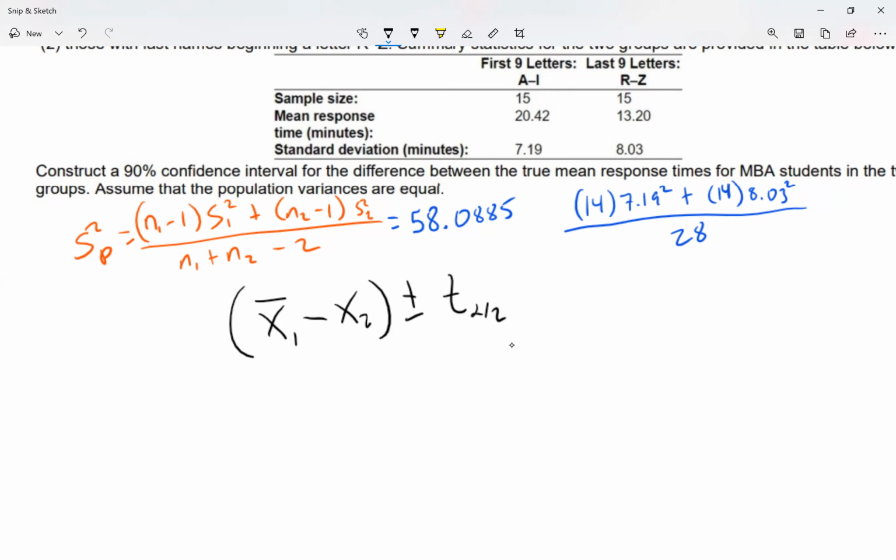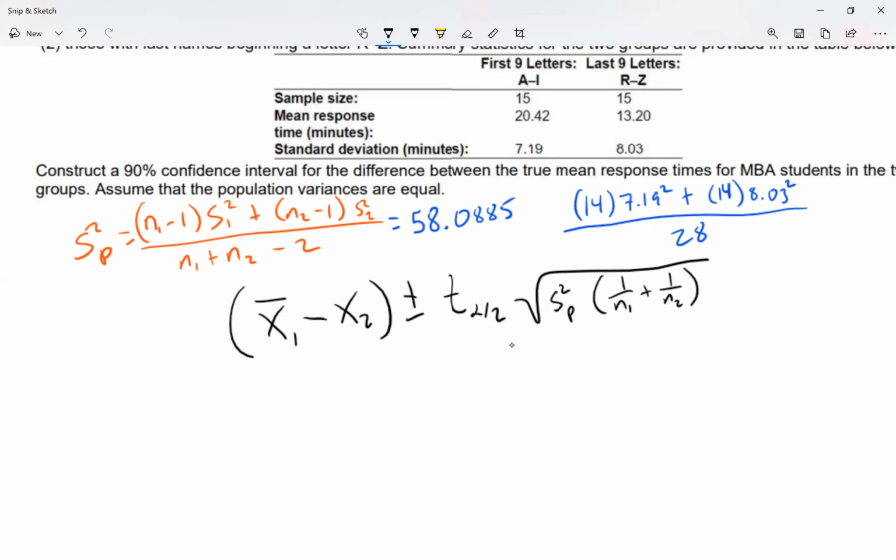I'll come back to that in a minute, but I'm going to multiply this by the square root of the variance of the population. That's fine. Inside of this, I'm going to multiply this by 1 over n1 plus 1 over n2. Notice how I have a parentheses inside the radical. Inside the square root, I have a parentheses. Okay, make sure you do that.